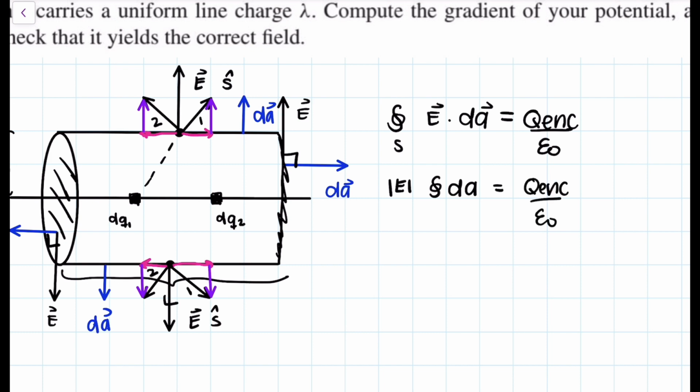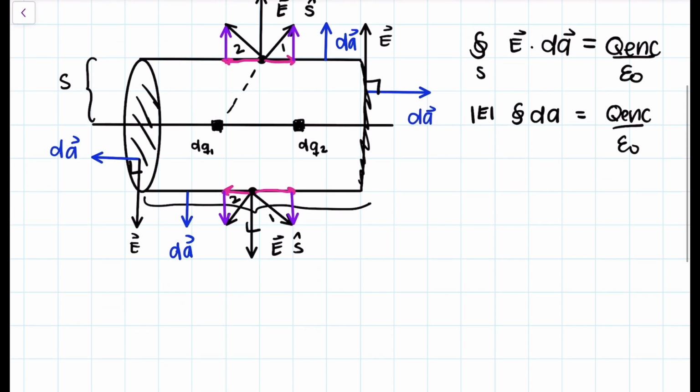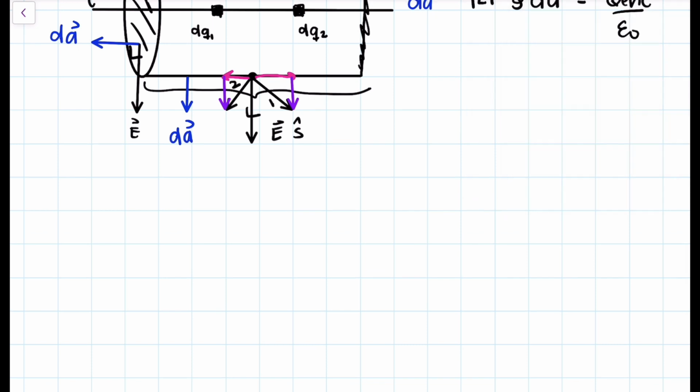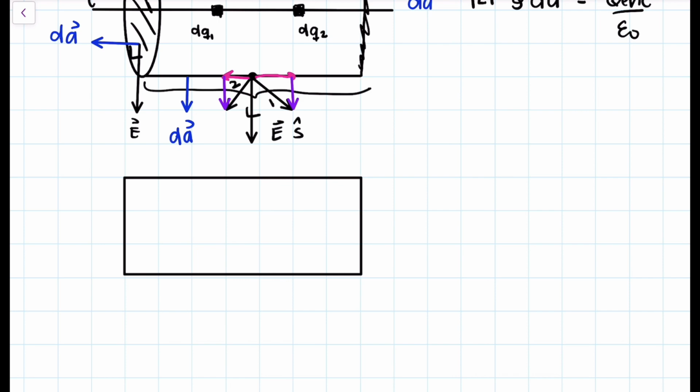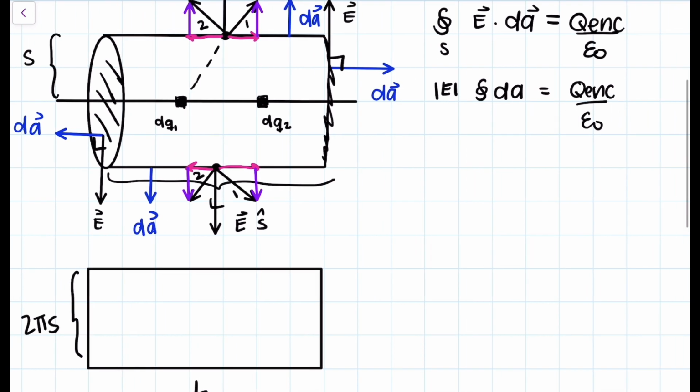We took the E field out of the integral because, due to symmetry, that E field will be constant along the whole Gaussian surface. Now to find out what area we're integrating over, we can unfold this cylinder. As previously mentioned, this cylinder has the length of L, and the side will be the circumference of the cylinder, which equals 2 pi s. Once we plug that into the equation, we are left with E, the magnitude.